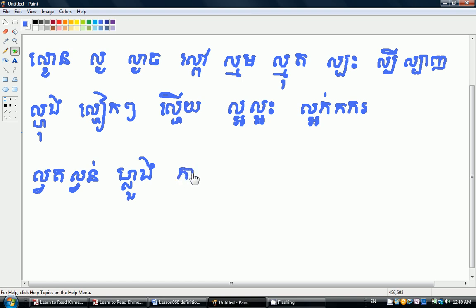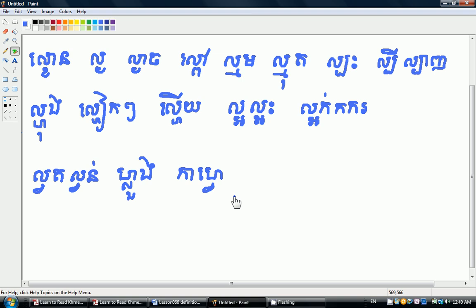So we have this ha here. Chhoung vo. Kaphe. Okay. So for your assignment, please read and write each one of these words 5 times.